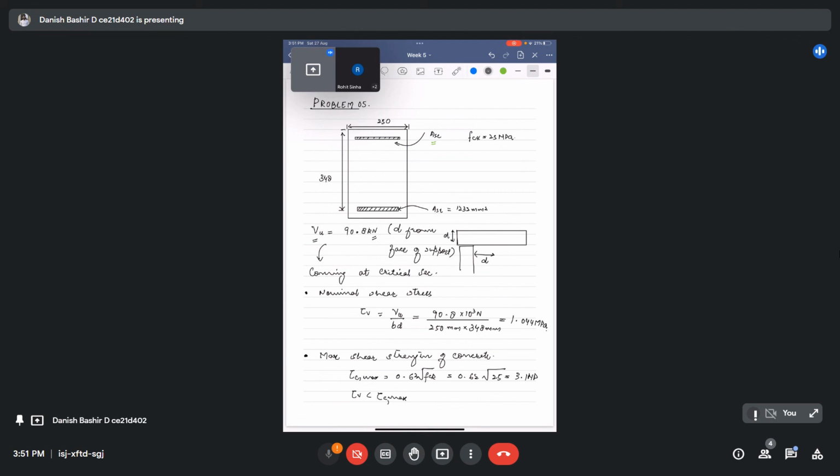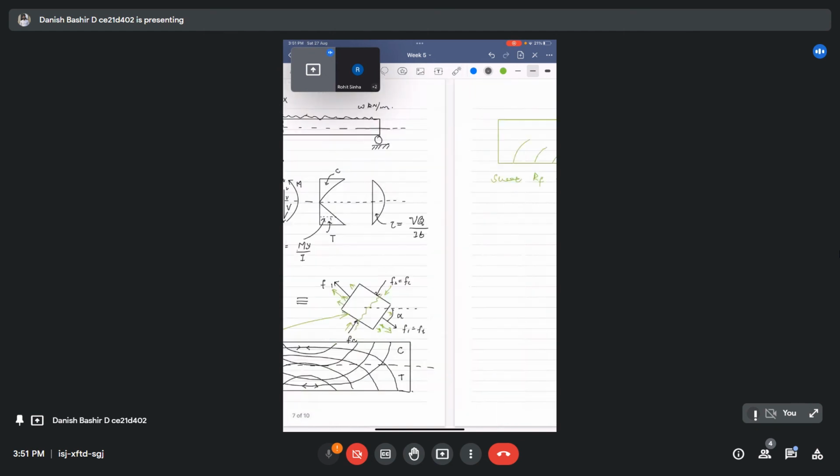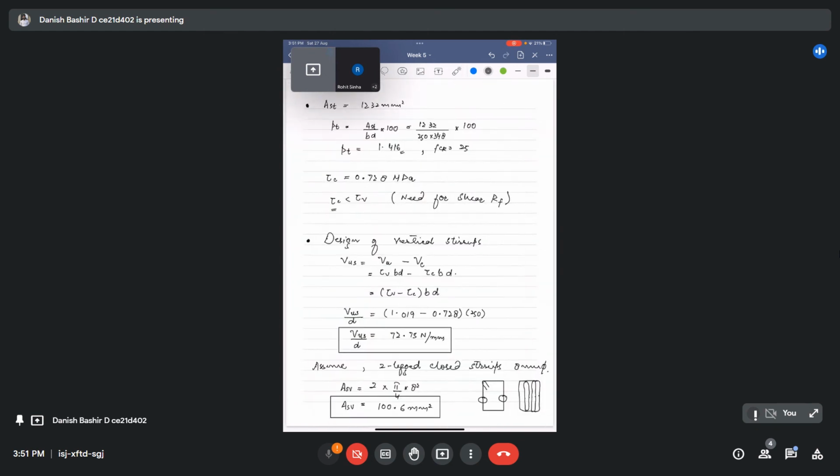If that doesn't happen, you will need to redesign or revise the section dimensions. So when you pass this step, next step is calculating the shear strength of the concrete. If the shear strength of the concrete comes less than the nominal shear coming at that critical section, you will have to design shear reinforcement for that section.